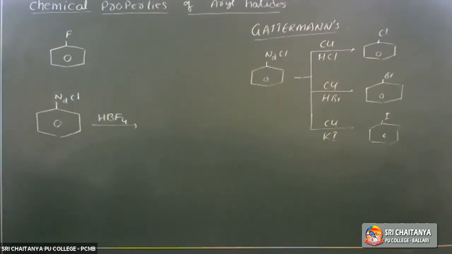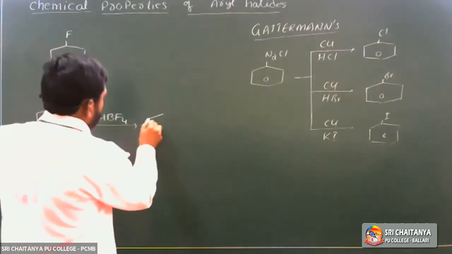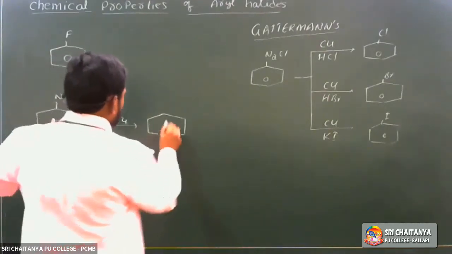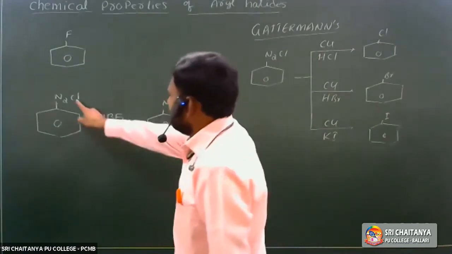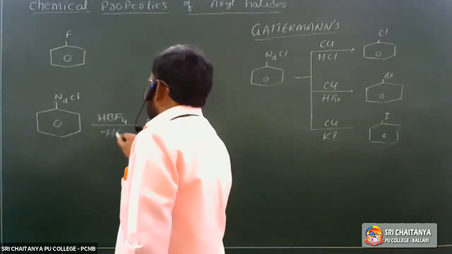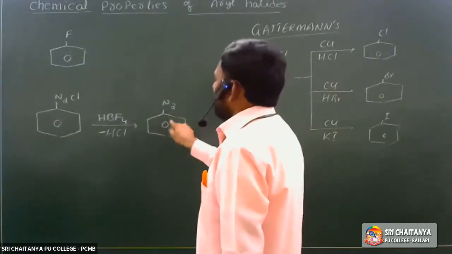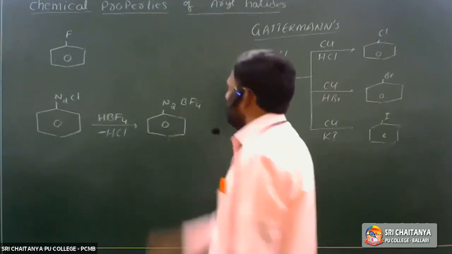It forms an intermediate compound, C6H5N2BF4, with HCl eliminated. C6H5 is a benzene ring, then N2. So C6H5N2BF4 is formed, an intermediate compound.